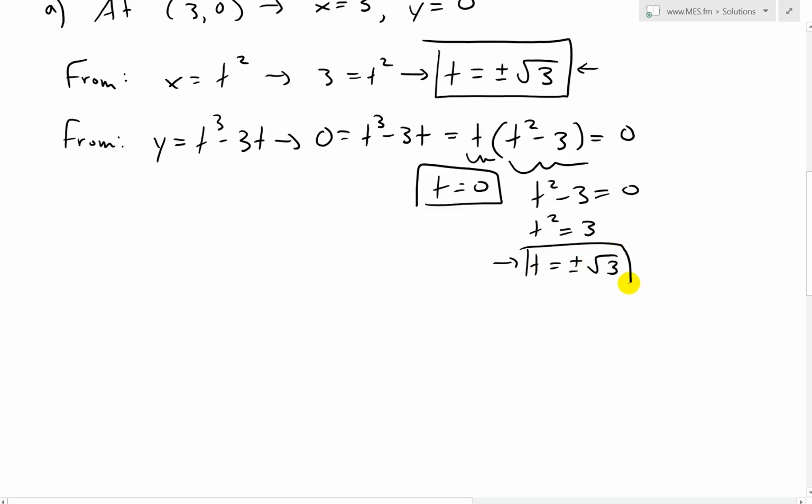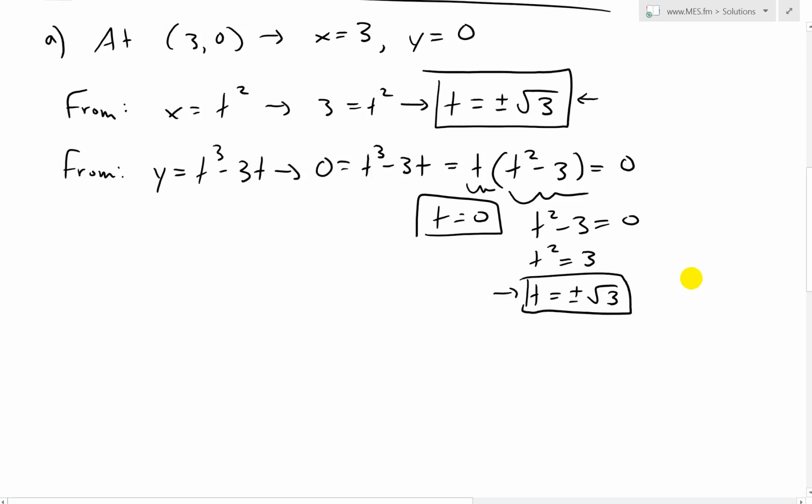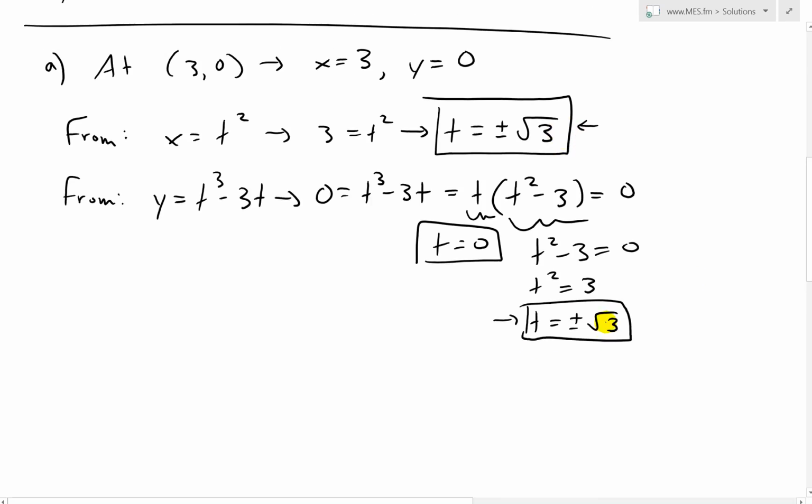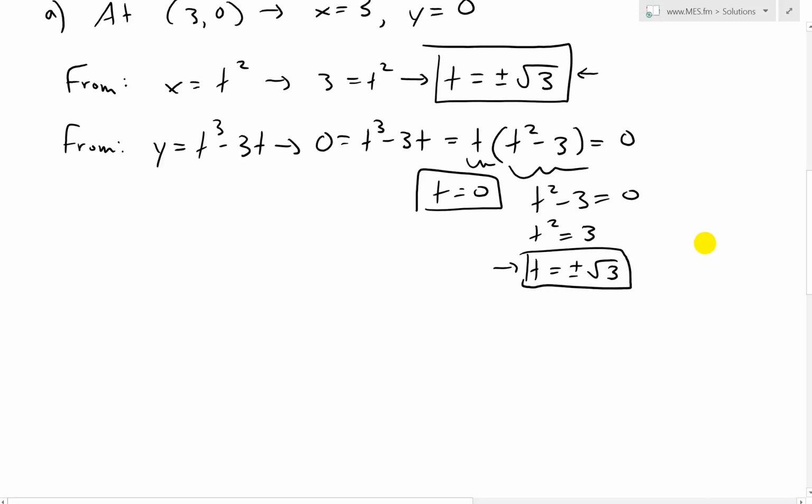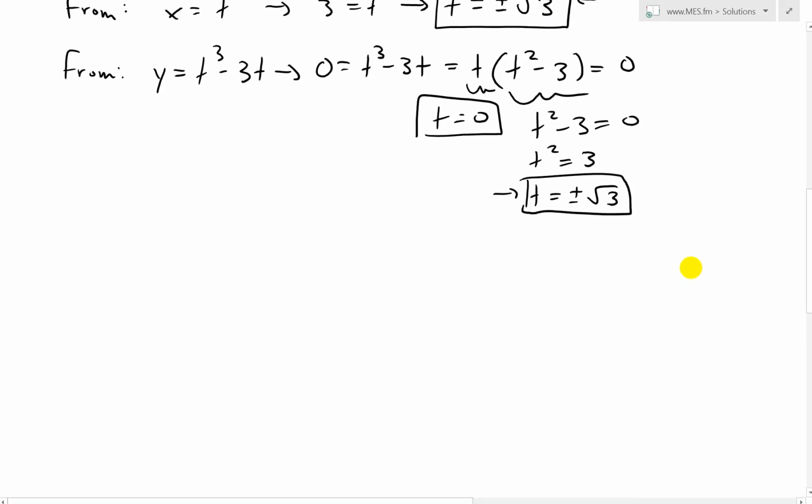This means we have two values of t that align with each other. At this point we have two parameter values, t equals minus square root 3 and plus square root 3.